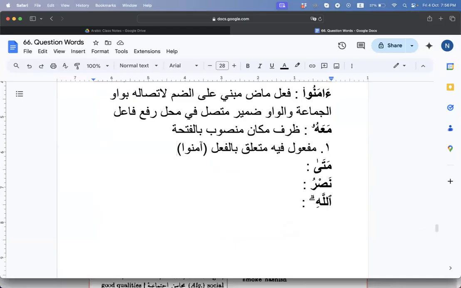One is to the action, one is to the doer, the person, the subject. Or you can say this is hal from the fa'il of amanu, because for hal, we need to have sahibul hal, which has to be fa'il. So here you're describing the fa'il.